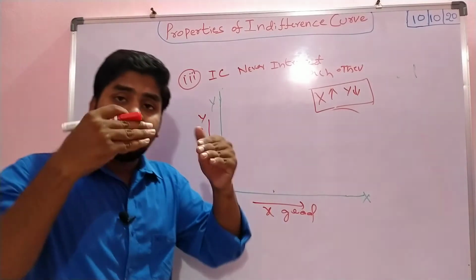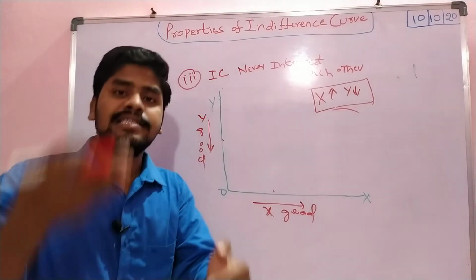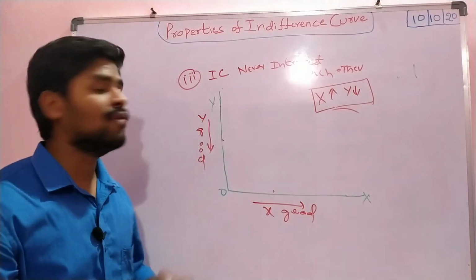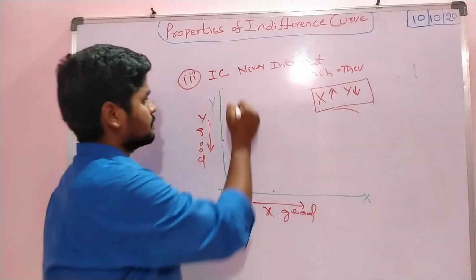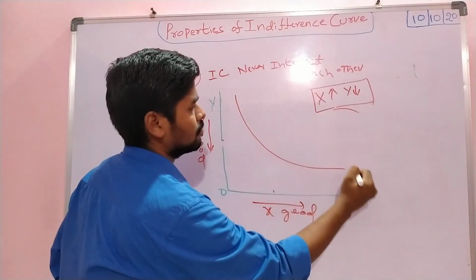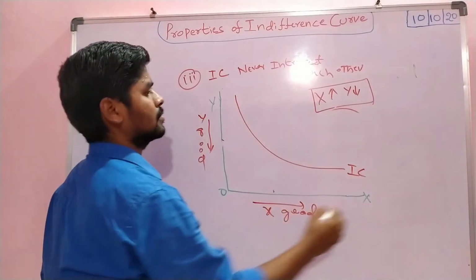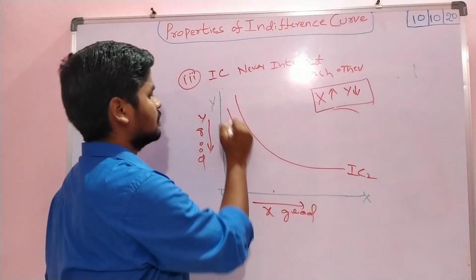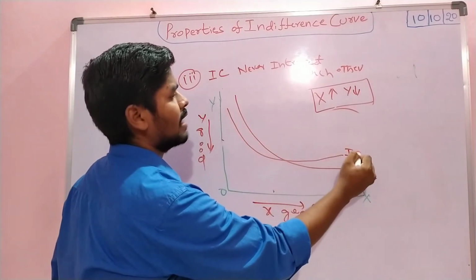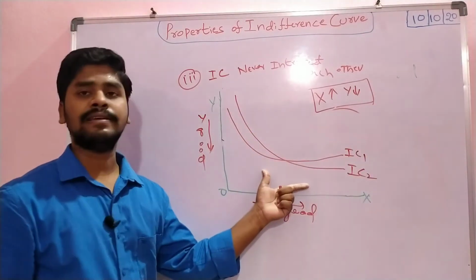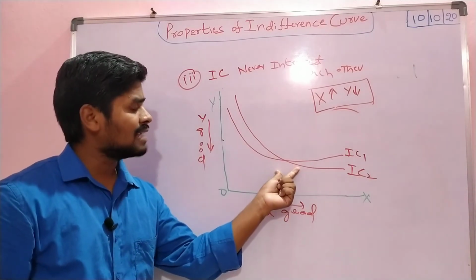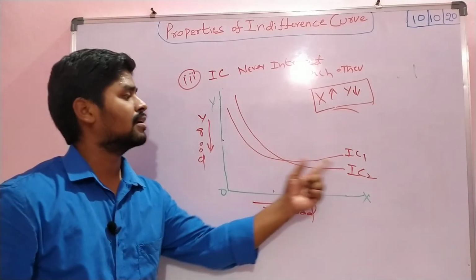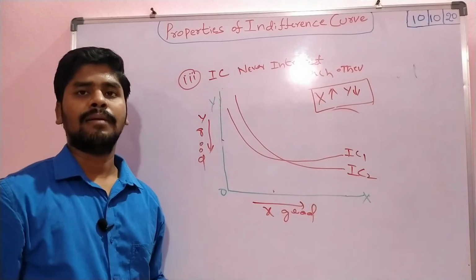If indifference curves intersect each other, how would it be? This is IC1, this is IC2. See what happened here: the indifference curve IC2 is intersecting IC1.